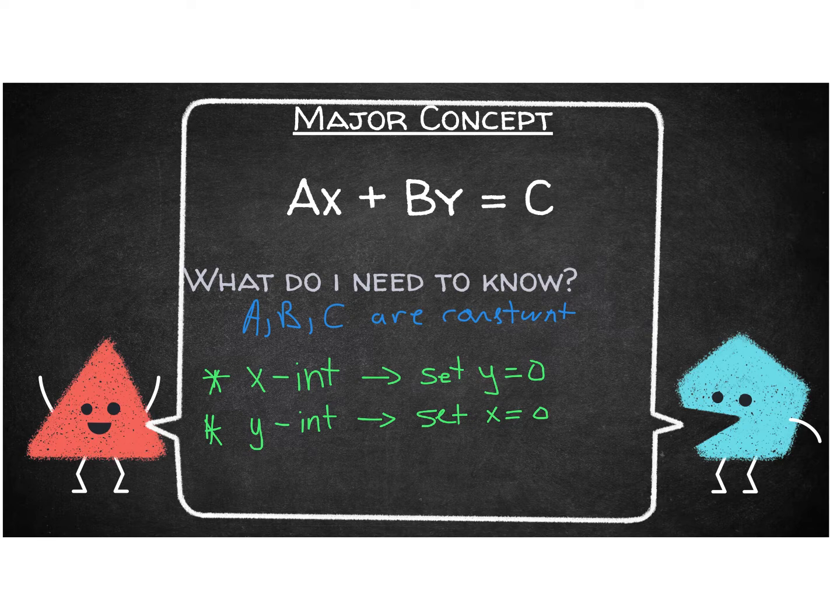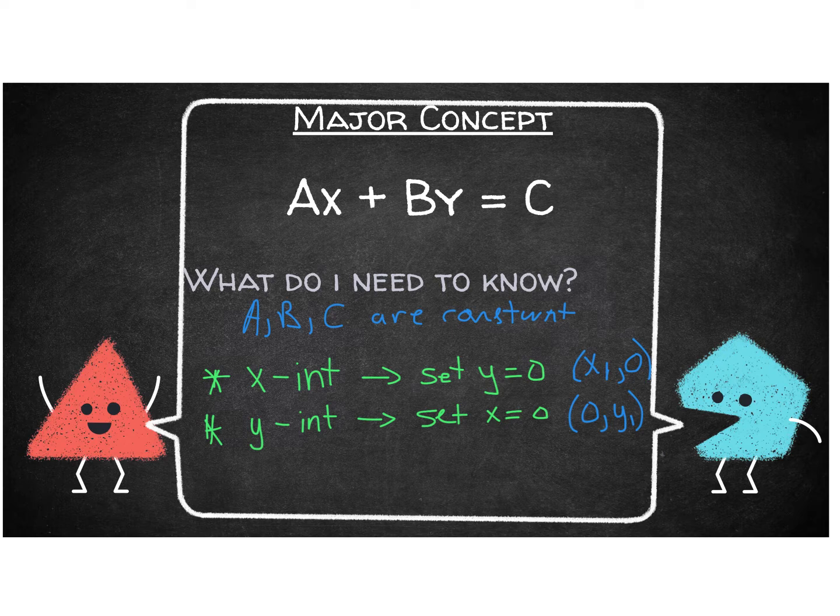So the x-intercept would be whatever the x is when it's solved, and the y is 0. And for the y-intercept, the x would be 0, and then the y would be whatever it is when we solve for y. So that is how we're going to actually end up graphing these as well. So it's something we can very quickly graph.